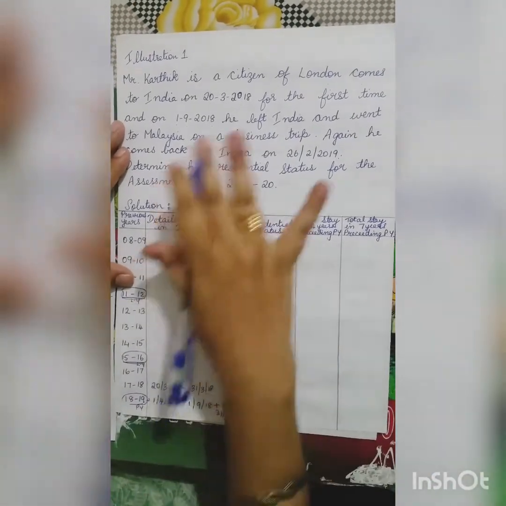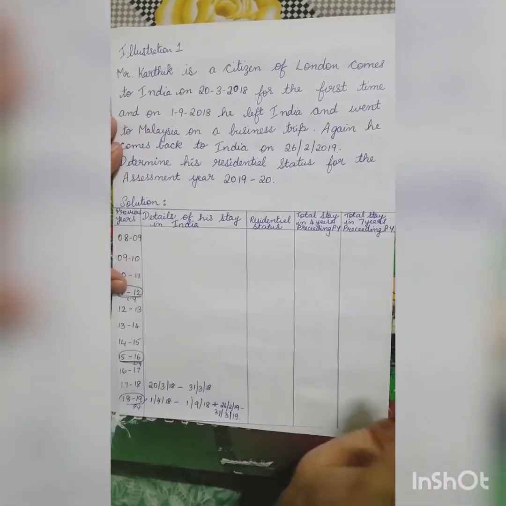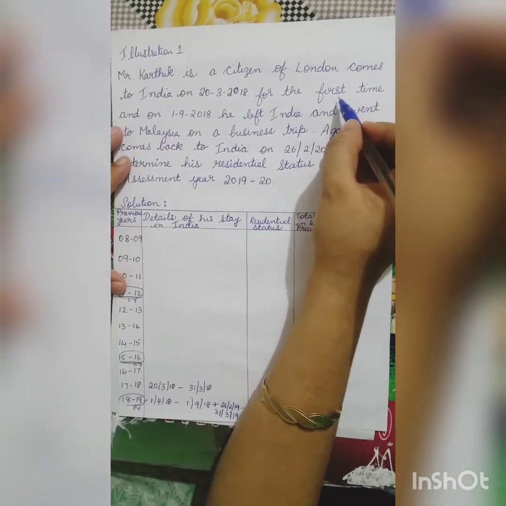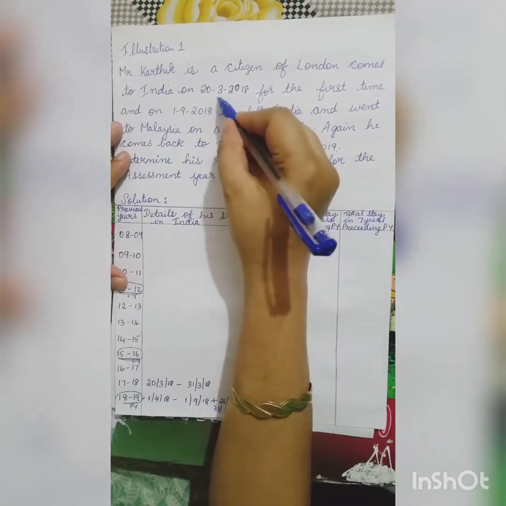Now moving on, nothing else is given in the problem. Since no other details are furnished, and if you see clearly in the second line of the problem, it is clearly said that he comes to India for the first time on 20th March 2018, which means all these previous years he was not there in India.